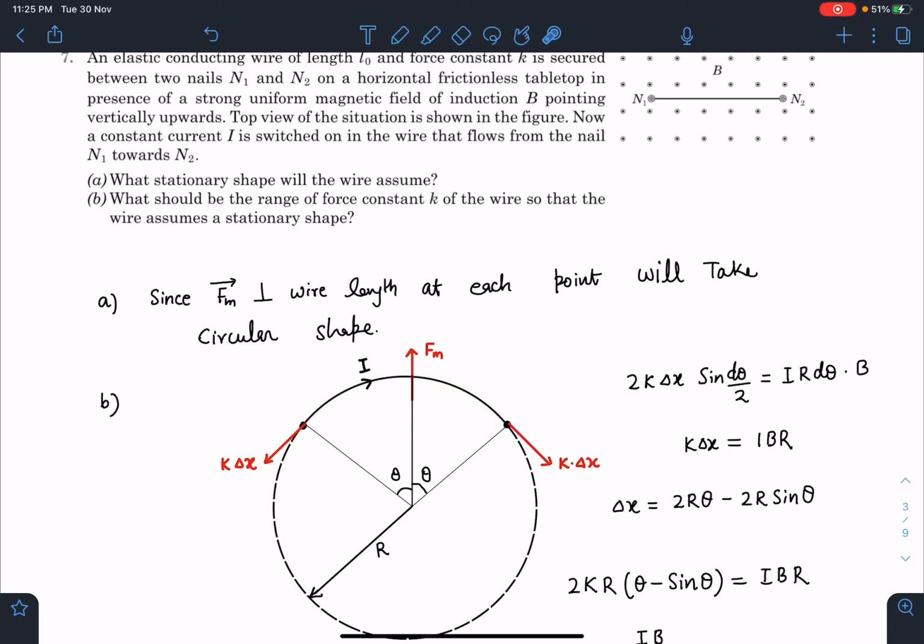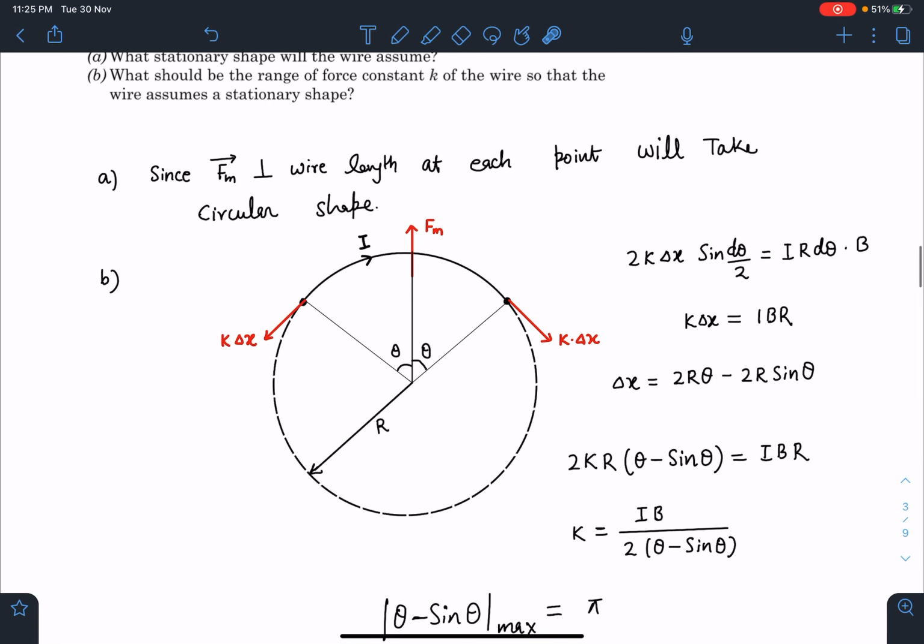minus the initial distance, which is going to be 2R sin theta. So this delta X is actually 2R theta minus 2R sin theta. When I substitute this value, we get 2kR times (theta minus sin theta) equal to IBR. So I am getting the value of k, which is IB by 2 times (theta minus sin theta).